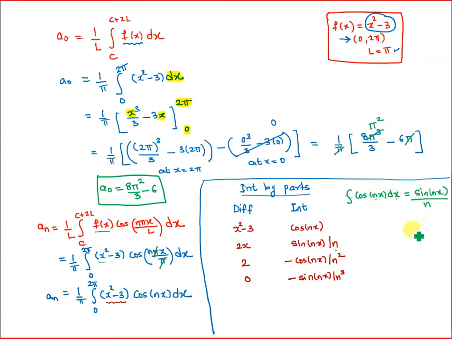Now the second time, we are integrating this term, sine nx over n dx. Now forget about this n. When we integrate sine, it becomes minus cosine nx divided by, following the same rule, n. We didn't use this n, so now we multiply this n also here.